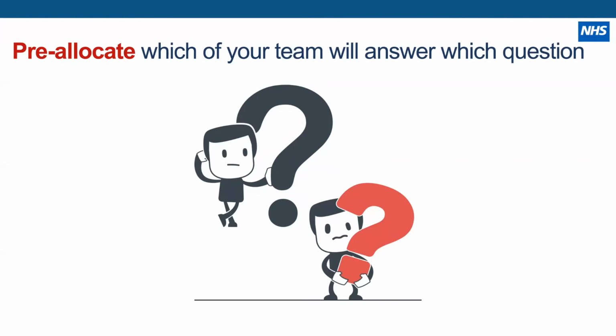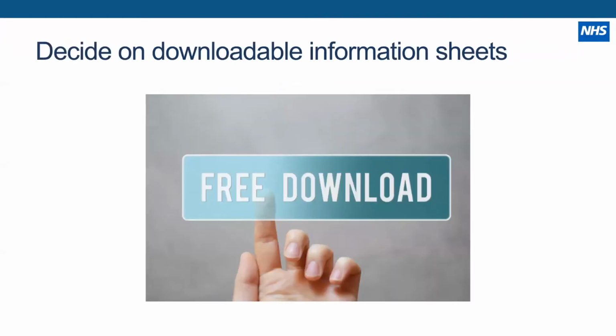Then you might say, I've had a question here. Somebody would like to know, do we need to cut out all dairy in the FODMAP diet? And you'll have pre-allocated the answer to one of your team. You'll then say, no, absolutely not. You don't need to cut out all dairy. You simply need to reduce the lactose in your diet, etc. So keep it chatty and put those questions in that you've been asked by patients to cover.